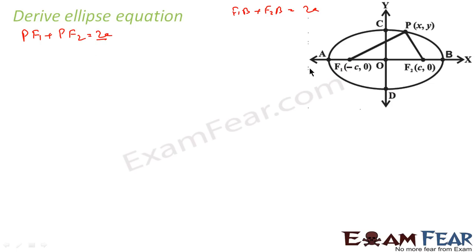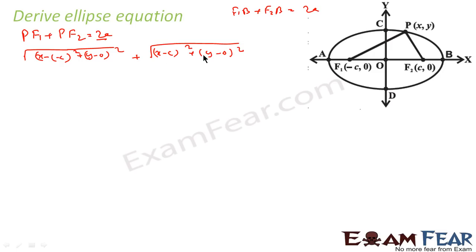Now PF1 is nothing but the root of (x minus c) whole square plus (y minus 0) whole square. This is PF1. What is PF2? PF2 is the root of (x plus c) whole square plus (y minus 0) whole square.